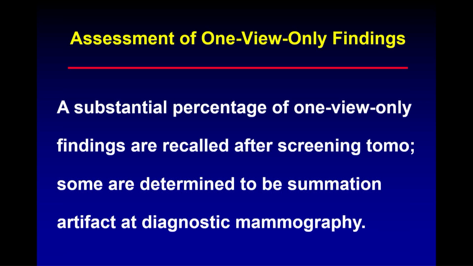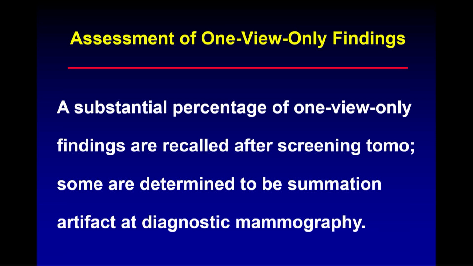Also understand, and this is a misconception by some, that although tomo is very good at identifying some summation artifacts, it does not identify all summation artifacts. There hasn't been a lot published on this, so we don't really know the percent yet, but some patients recalled at tomo for focal asymmetry actually turn out to be summation artifact when you do the diagnostic workup.